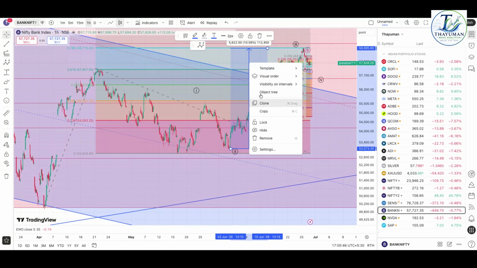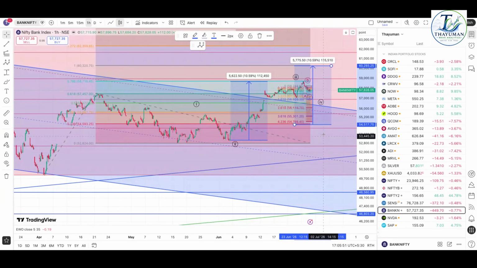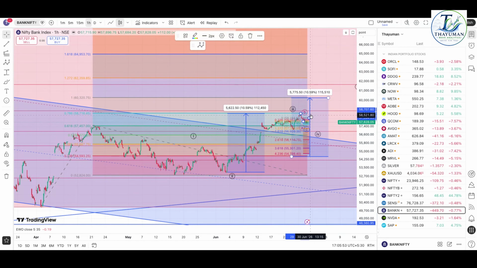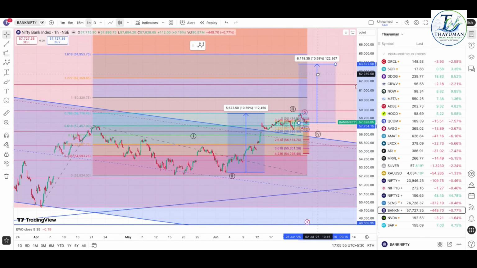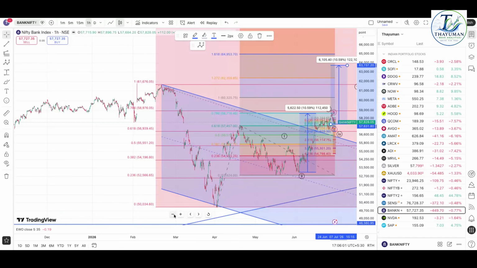So if 4 has ended here, really, where does it go up to? 63,767, 37. That's too much. If it is taking the length of 3, and the 4 has already ended here, it is going too much higher. I don't think that's possible.